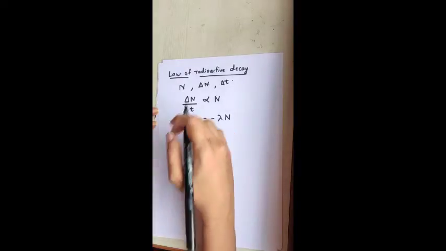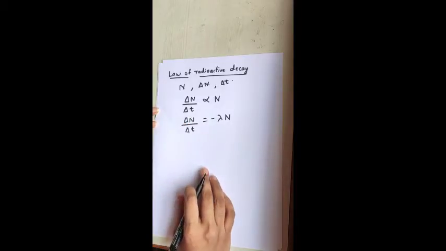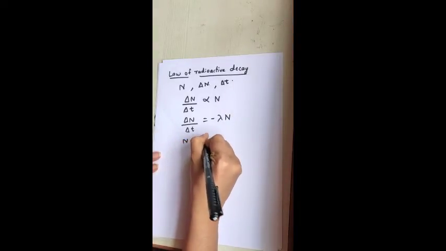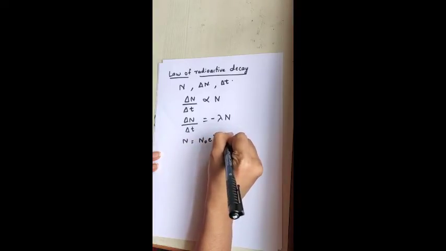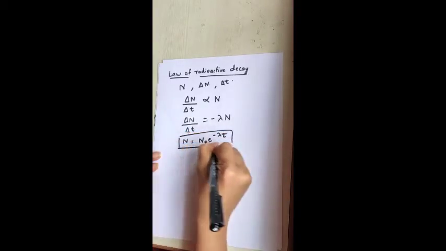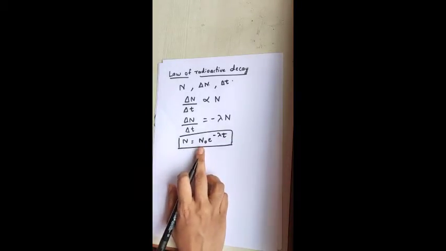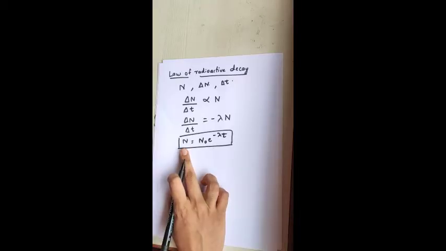We have one derivation in your syllabus where, after simplifying this by integration, we get the final expression n equals n naught e power minus lambda t, which is a very important relation to be remembered while solving problems. Here n naught is the number of radioactive nuclei in the sample at some arbitrary time t naught, and n is the number of radioactive nuclei at any subsequent time t.